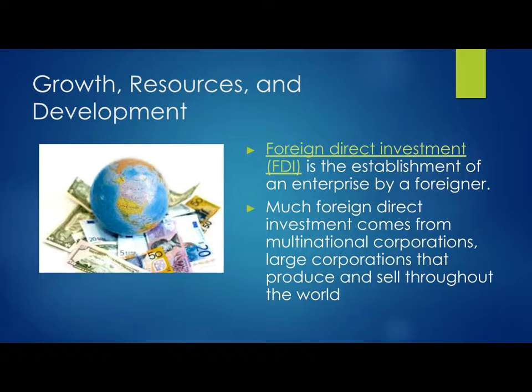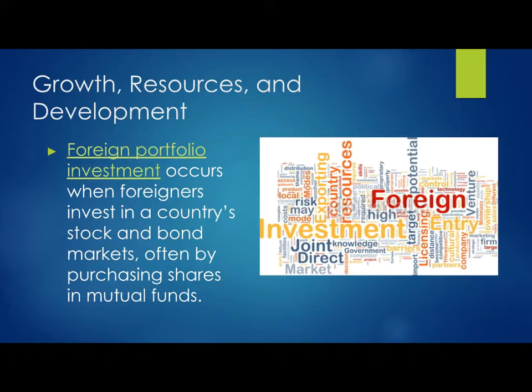Where they know it's going to be cheaper to sell or make their product in a less developed country. A foreign portfolio investment occurs when foreigners invest in a country's stock or bond market, often by purchasing shares in mutual funds. So there's investment tools that you can talk to your financial advisor about, saying, hey, I feel like the less developed countries in Asia are going to boom. Okay, so you can buy stocks and bonds from their stock markets.